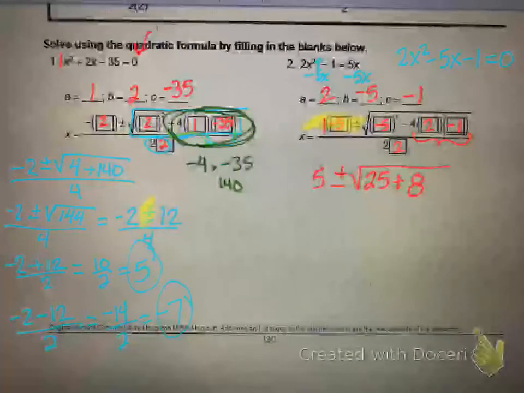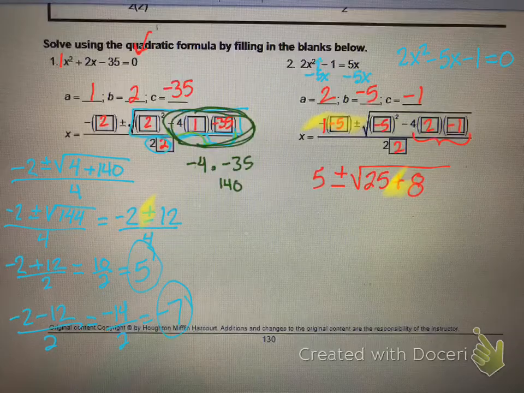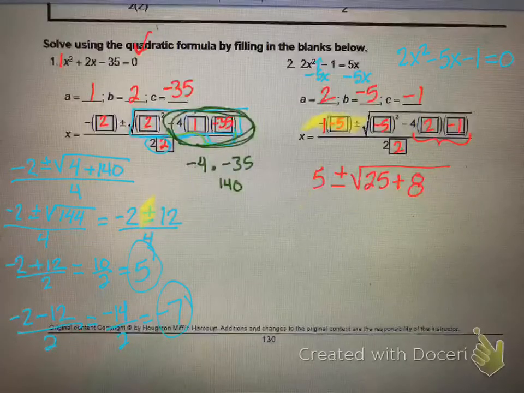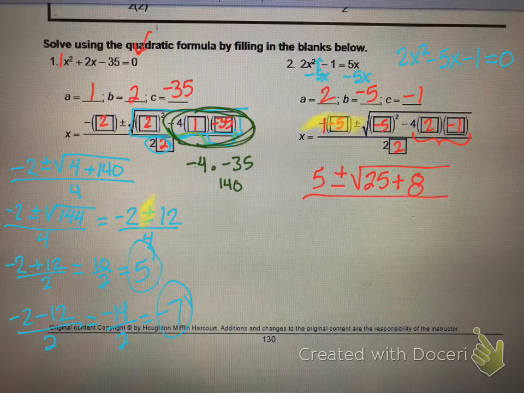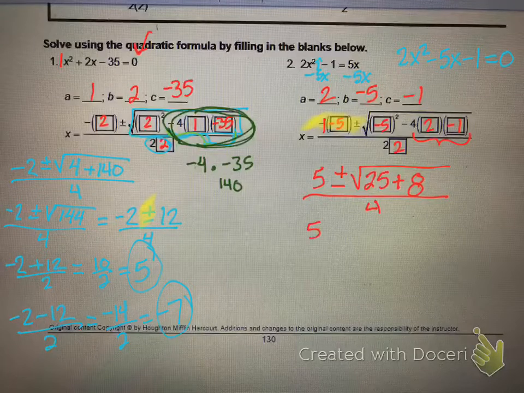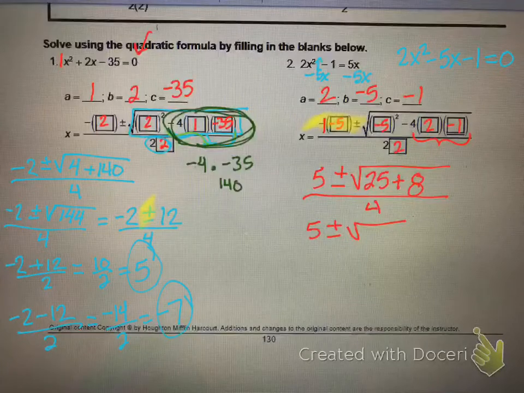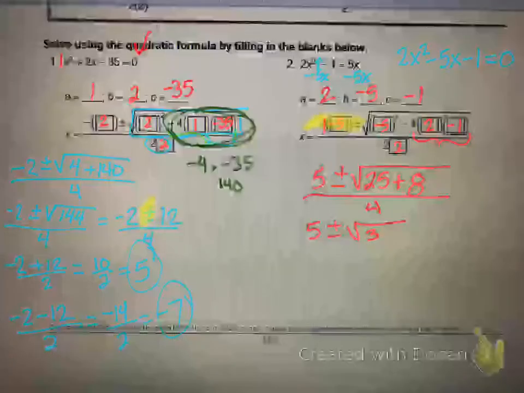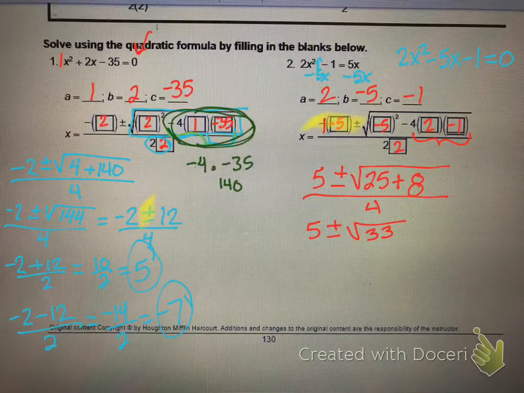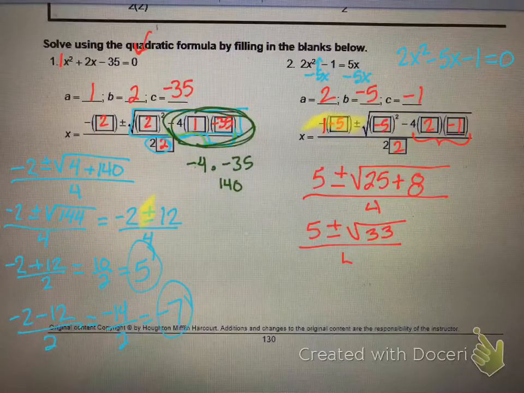So notice this sign right here changed to a plus sign instead of a minus sign. And then at the bottom, we have a 4. So continue simplifying your square root sign. So 25 plus 8. So that is the square root of 33 all over 4.